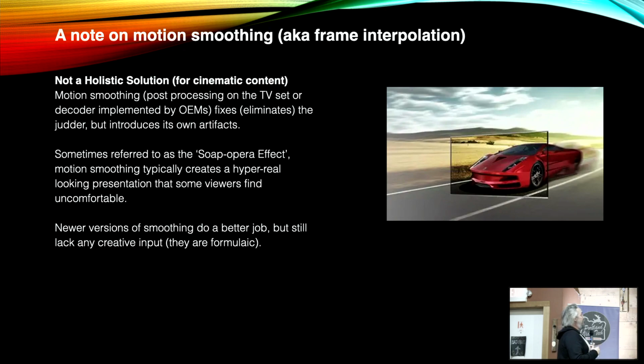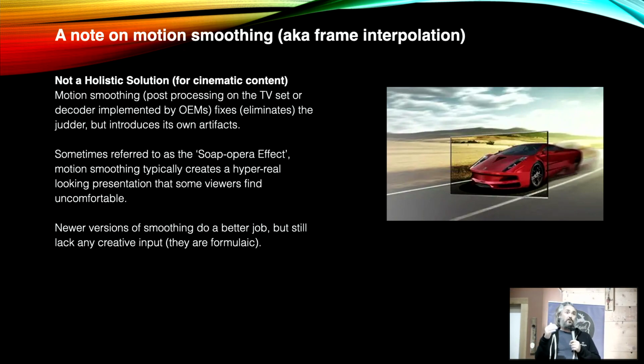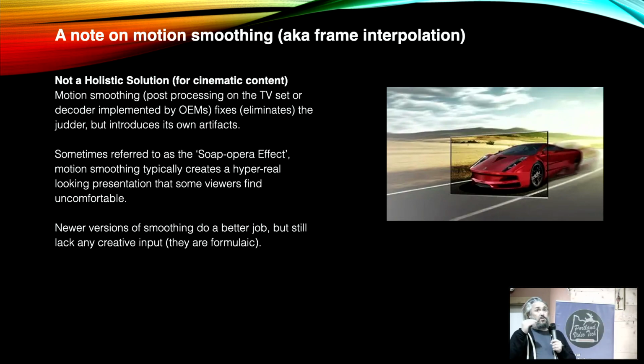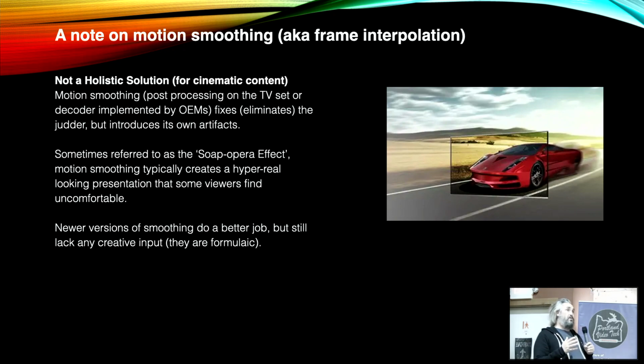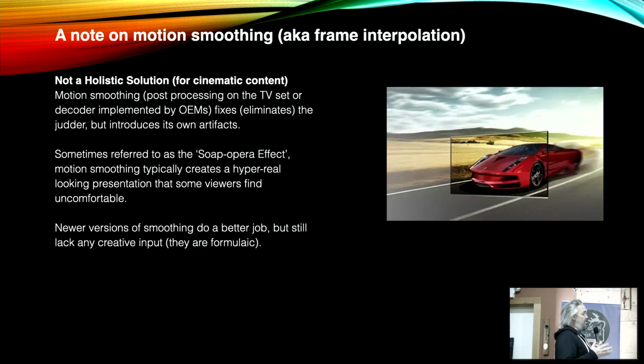So in itself, and look, I have to say, this is not a static technology. We haven't reached peak motion smoothing. This is something that's going to continue to evolve, and manufacturers are doing great jobs in trying to make a better version of this that's not so disruptive to that filmic look and feel. And I think the more recent generations of this technology are definitely doing better, but they're always going to fall short of that expression of creativity, which I think is so important when it comes to representing cinematic content at home.